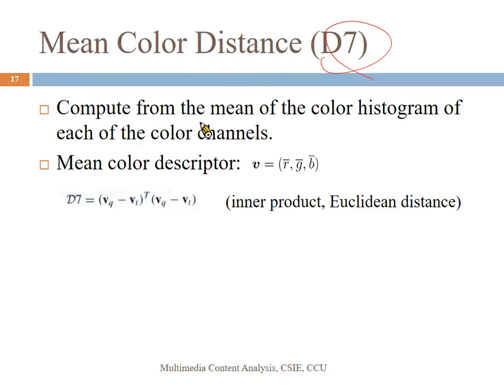So we just compute the mean of the color histogram of each color channel. We just calculate the average red, average green, and average blue to form a vector. And we just calculate the inner product or the Euclidean distance between such simple mean color descriptors to calculate the D7.